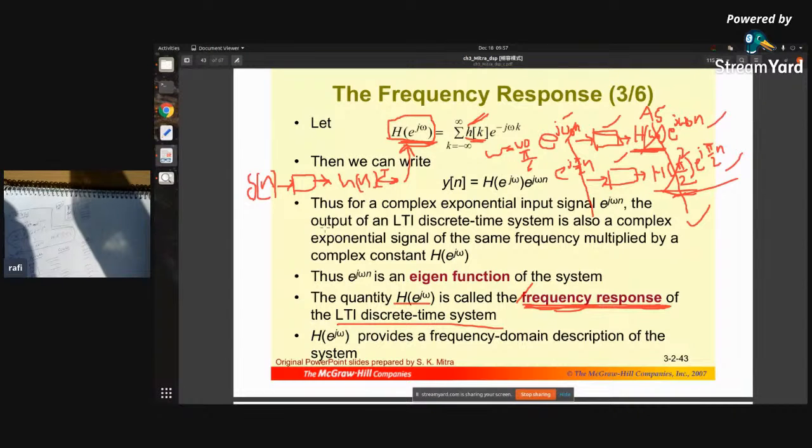By definition, what is the impulse response? When you excite the LTI system with the impulse signal, that gives you the impulse response. What is the frequency response?